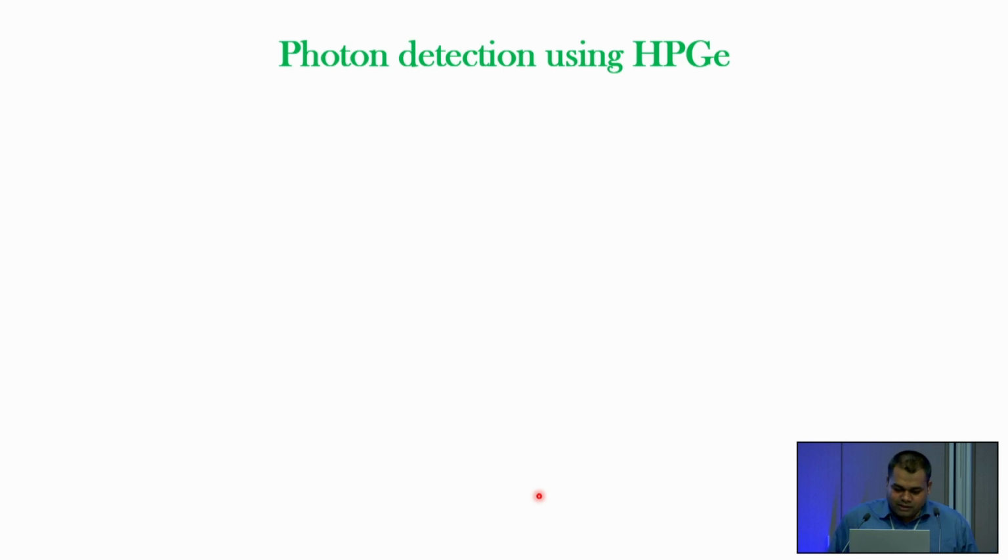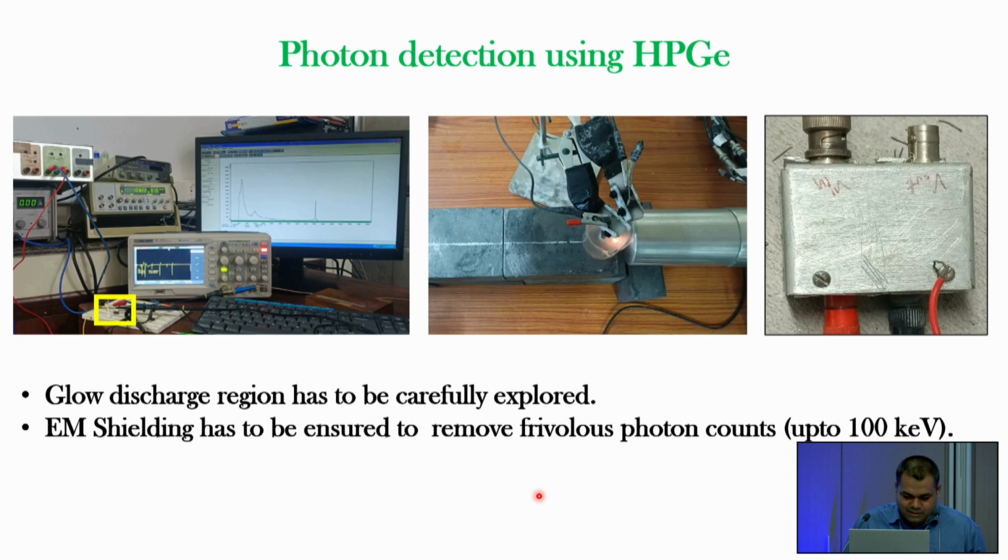We also tried to look for photons with the high purity germanium detectors, but still we were unable to get the photons. However, we got some signals up to 100 keV, but again, they were spurious counts because we didn't do the shielding well.